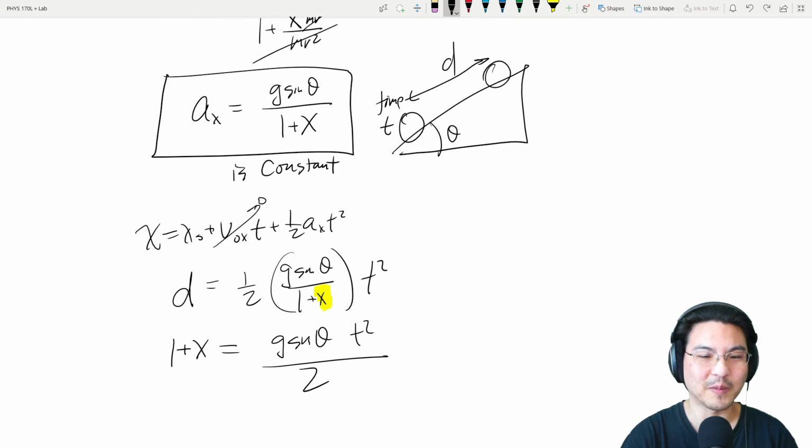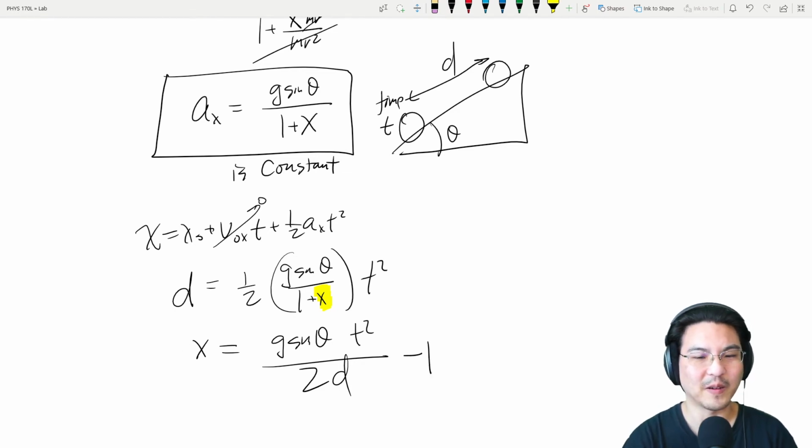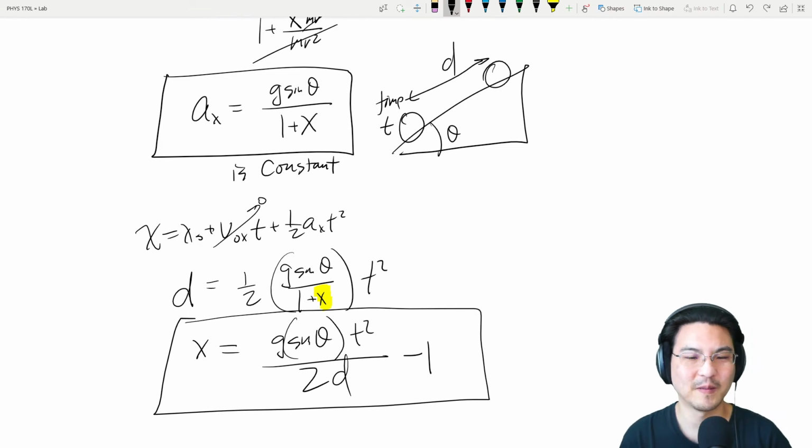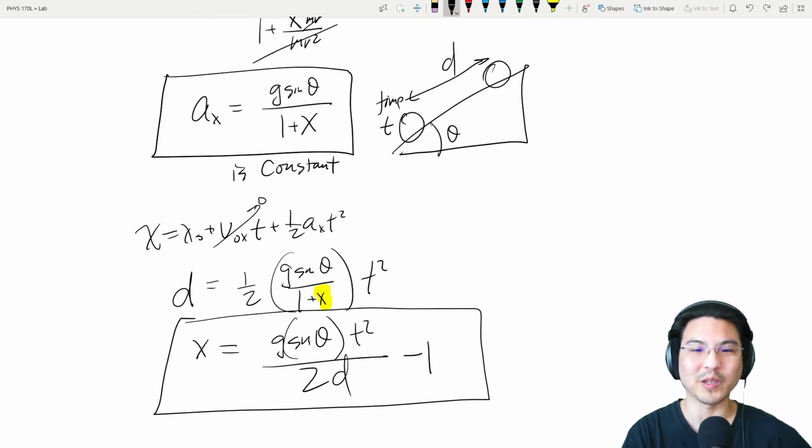There's the 2 in the denominator, and d over here. And then just see this 1, just minus 1 over here. And there you go. Okay, so this is that coefficient for whatever shape you were rolling down your ramp.